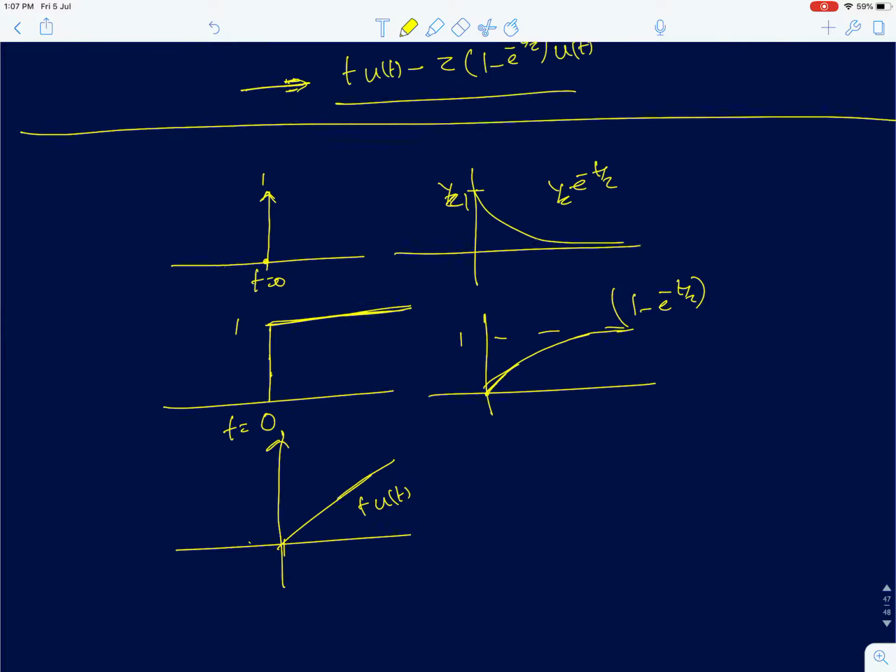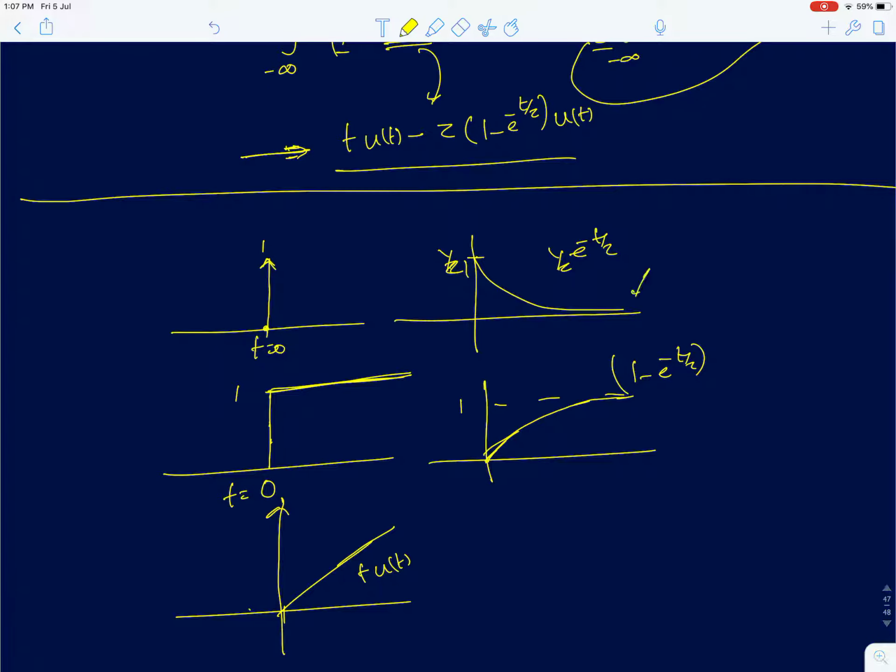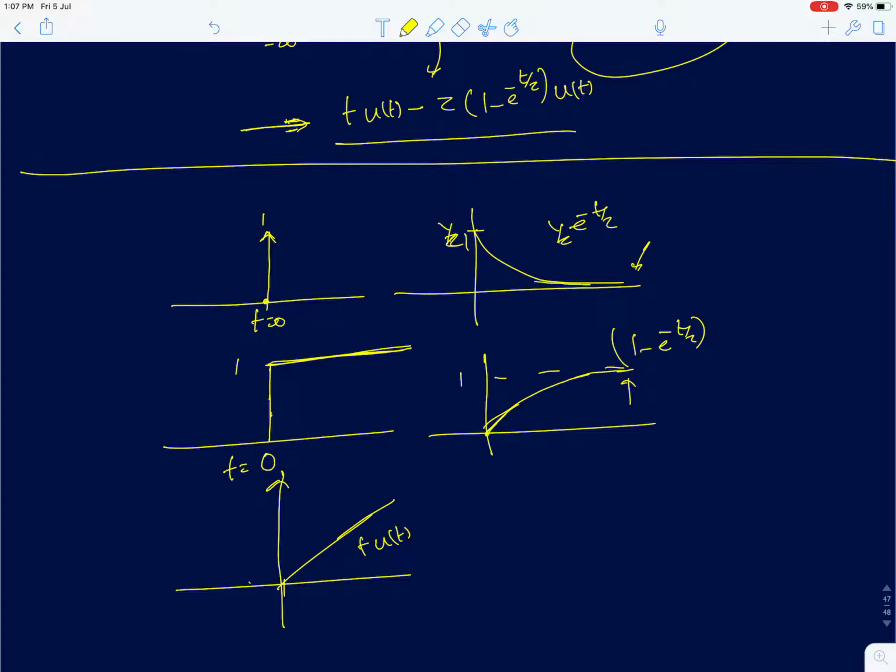When you are plotting your impulse and step response, if you notice, when your t is much greater than the time constant, the output eventually tries to reach the steady state value. Now how do you find the steady state value? You make t equal to infinity, or t much greater than tau. When you make t much greater than tau, this value goes to 0. Here for a step response it goes to 1.